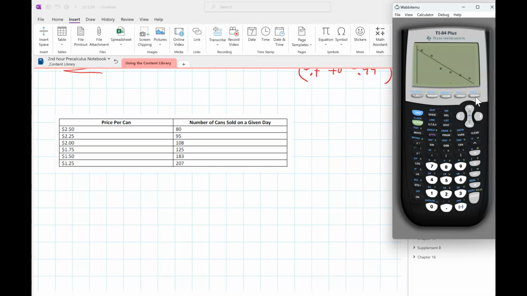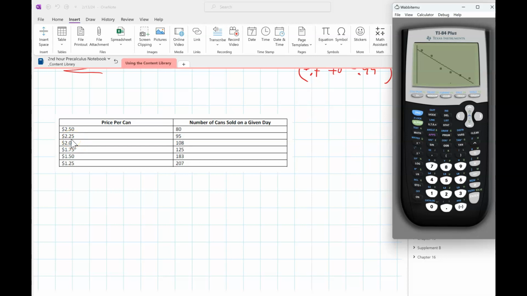What if I had asked you to use that line of best fit to approximate how many cans we'd sell if we charged $2.15? What am I asking you to do? I'm not asking you to change any values.